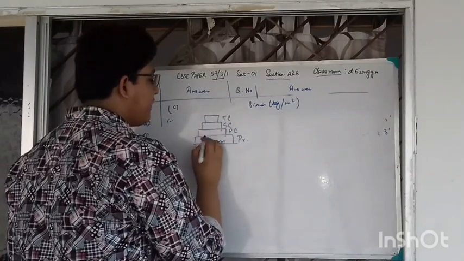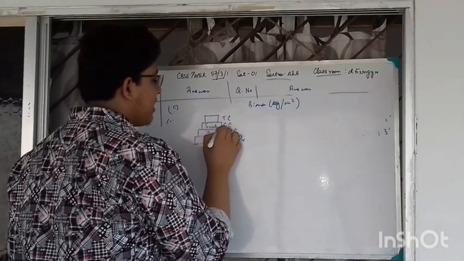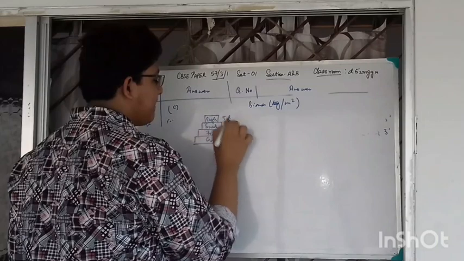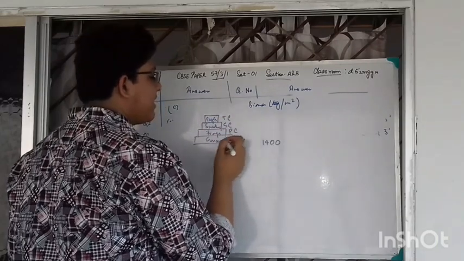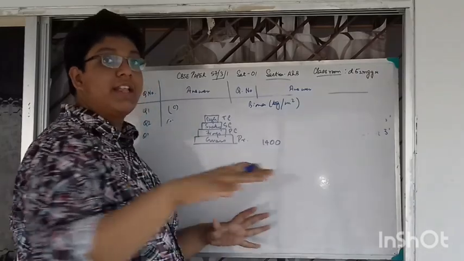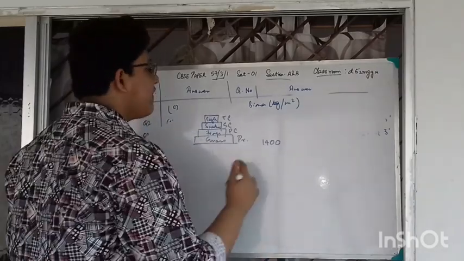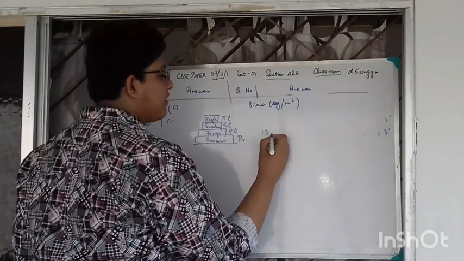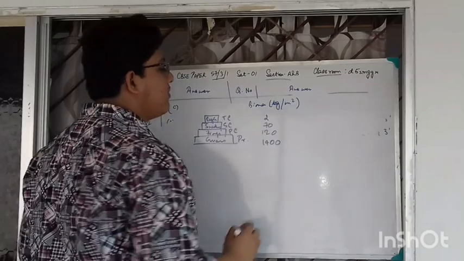From grass there are frogs, from frogs there are snakes, and finally there is an eagle. Suppose grass is 1400 kg per meter square. So for the frogs, the total weight per area, suppose the frog is 120, snakes is 70, while eagle is only 2.